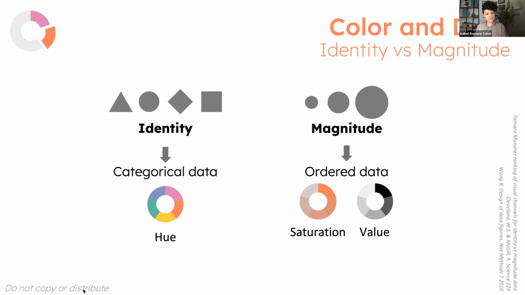If we talk about identity or categorical data, we are going to use hue as the color dimension. If we talk about magnitude or data that can be ordered, we're going to use the two other components, saturation and value. This can be a bit abstract to process, but you will understand it the more you use it and the more you see it.